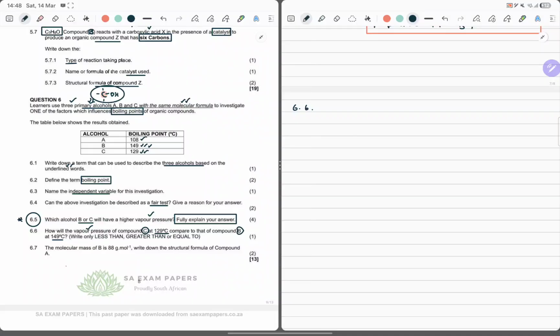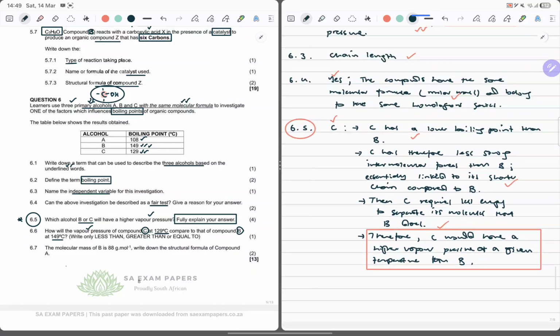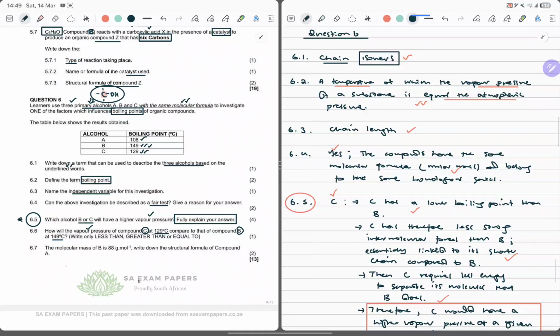Now, if you notice, these are the boiling points for each. And what do we define the boiling point by? It is the temperature at which the vapor pressure is equal to the atmospheric pressure. So what does that mean?